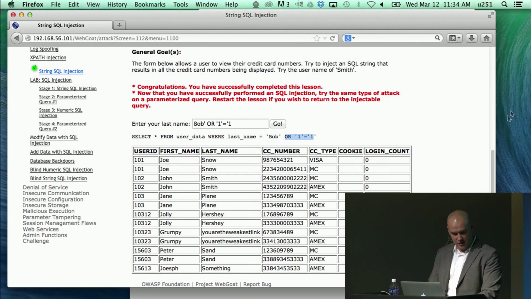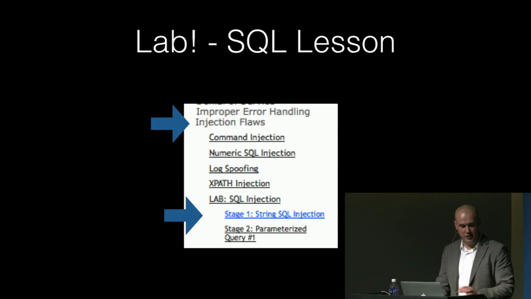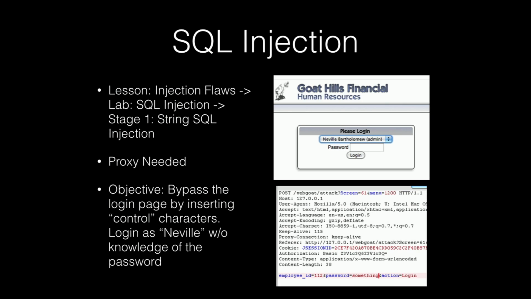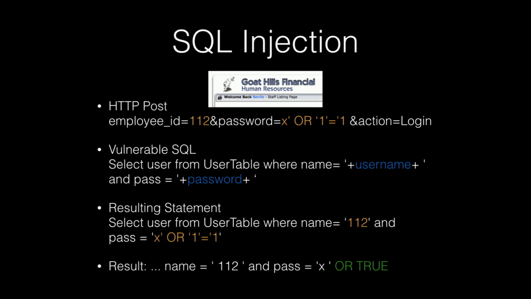Now you can imagine that based on the underlying SQL being executed, those statements could get a little bit more complex. But fundamentally what you're doing is just making sure the SQL that you add doesn't break the command. The flaw is still the same. This is the username and password flaw spelled out a little more clearly. Imagine an example where you post an ID number and a password, and this is what I choose to add as my password.